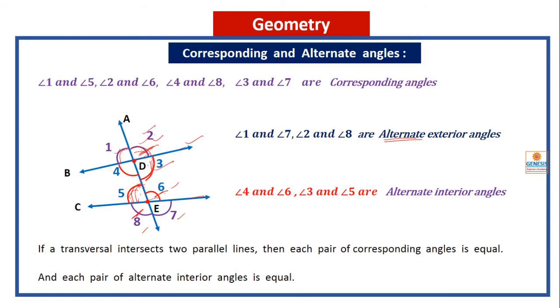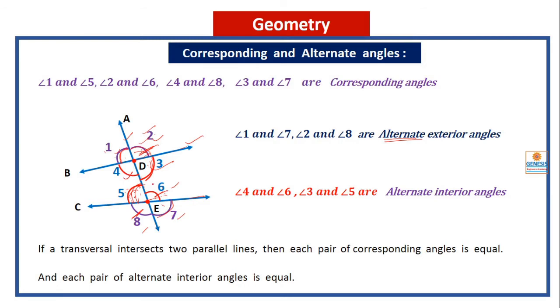And if you take this one, this is on line 1. If I take this one in the same position, 1 and 5 are called corresponding angles. And if you take this one, it is exterior, and I have to move to 7. So 3 and 5 are alternate angles. 4 and 6 are also alternate angles. 4 is on the left side of the transverse line, and 6 is on the right side of the transverse line.